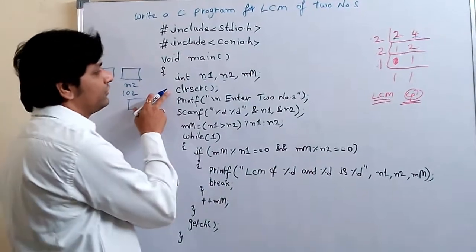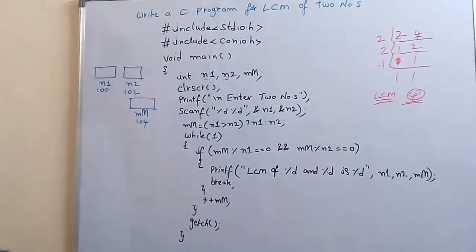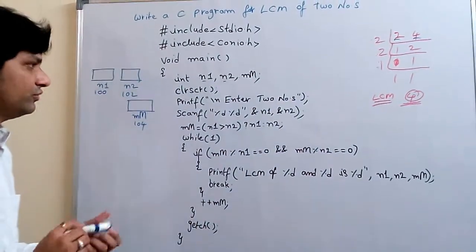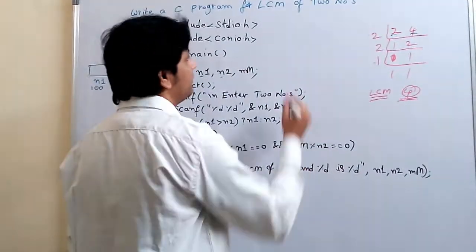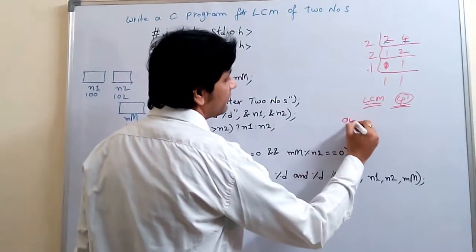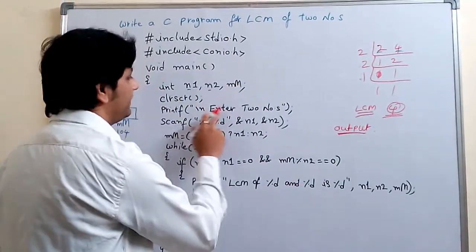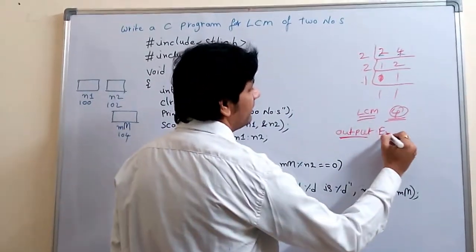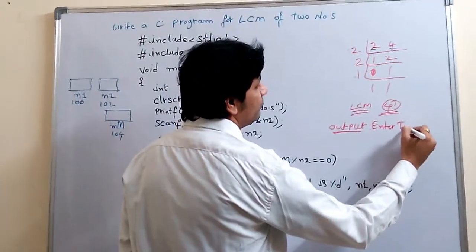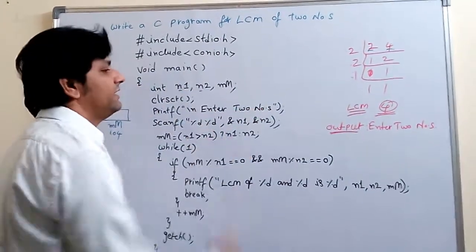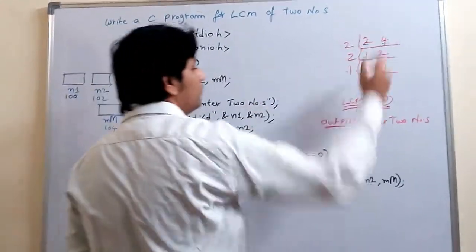After that, we perform CLRSCR to clear the screen. Now I am asking the end user to enter two numbers. In the output, we are asking to enter two numbers. Whenever I ask for two numbers, the user will enter 2 and 4.